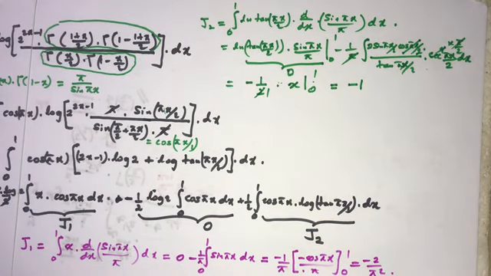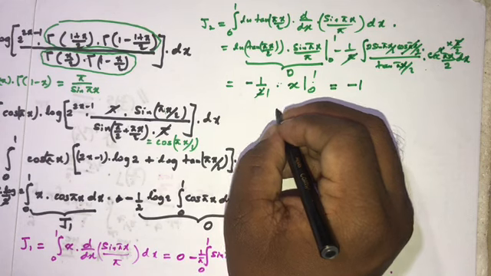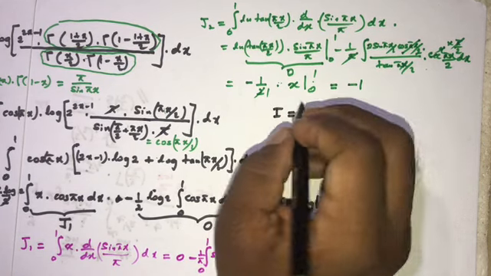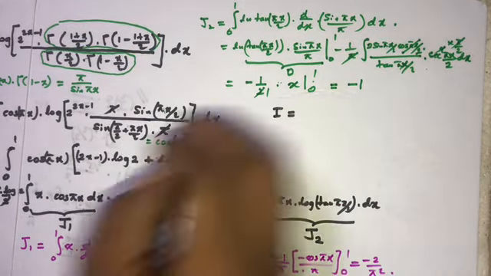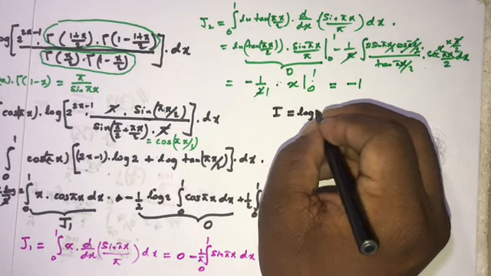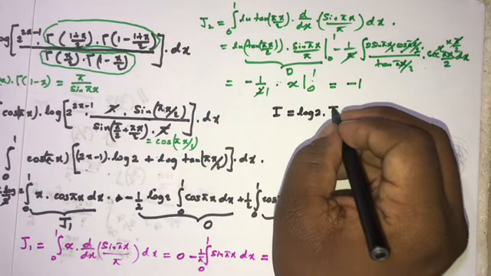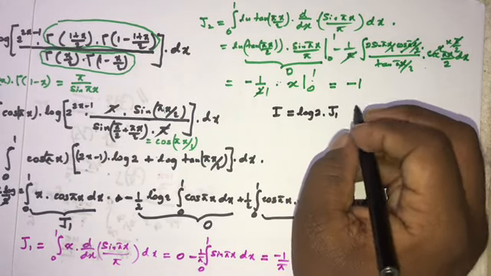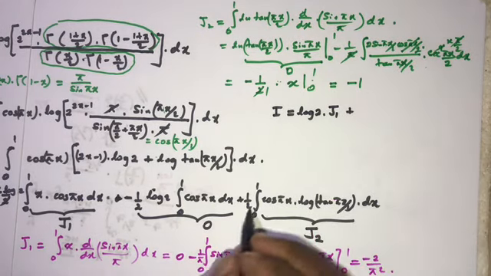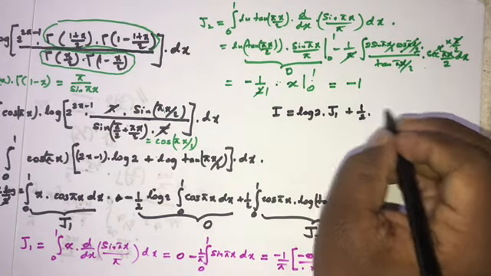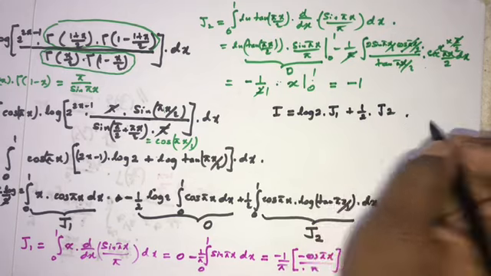Okay, now we know I is equal to natural log of 2 times J1, plus 1/2 times J2.